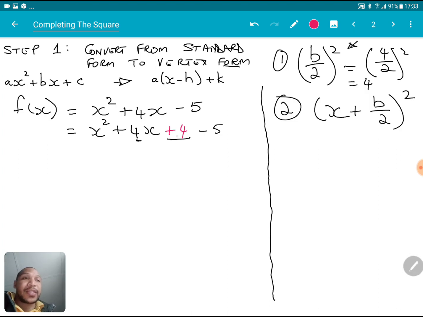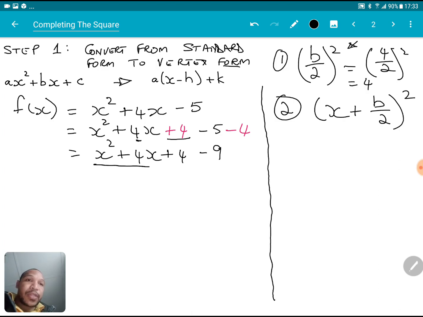So because we added the 4, we just subtract the 4 again. Now we're going to simplify. x squared plus 4x plus 4 minus 9.